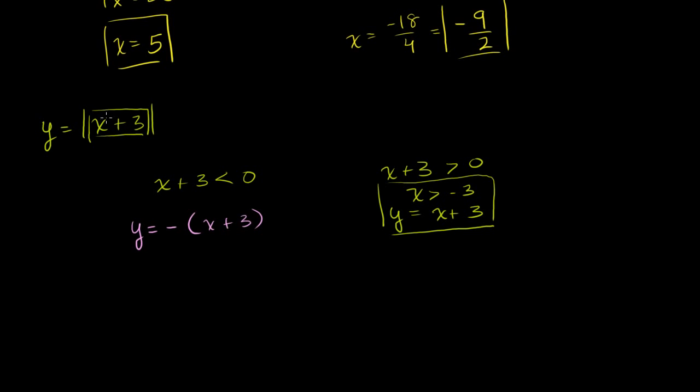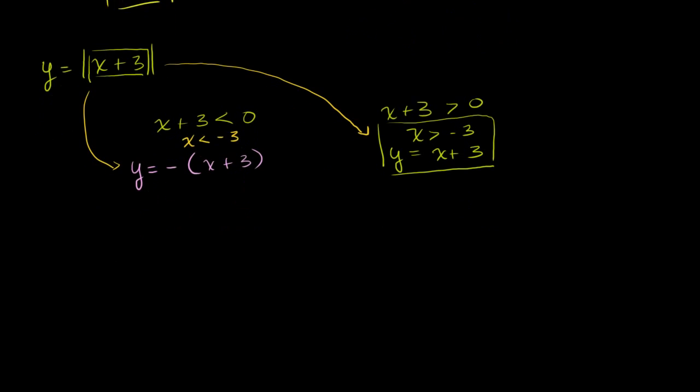If we subtract 3 from both sides, x plus 3 is less than 0 when x is less than negative 3. So when x is less than negative 3, the graph will look like this. When x is greater than negative 3, the graph will look like that.